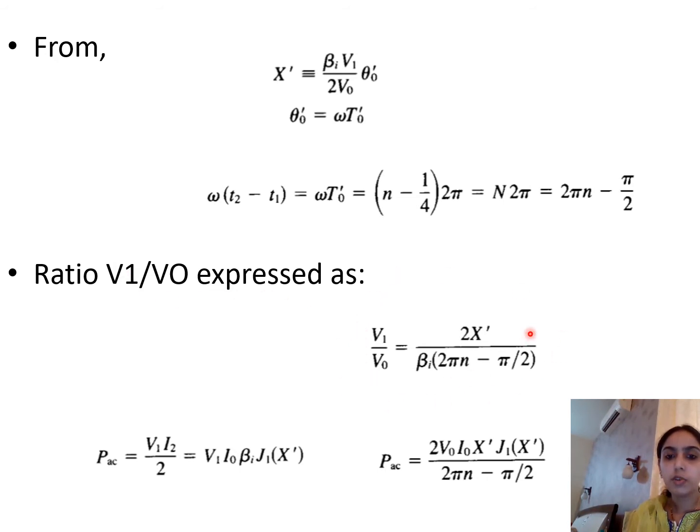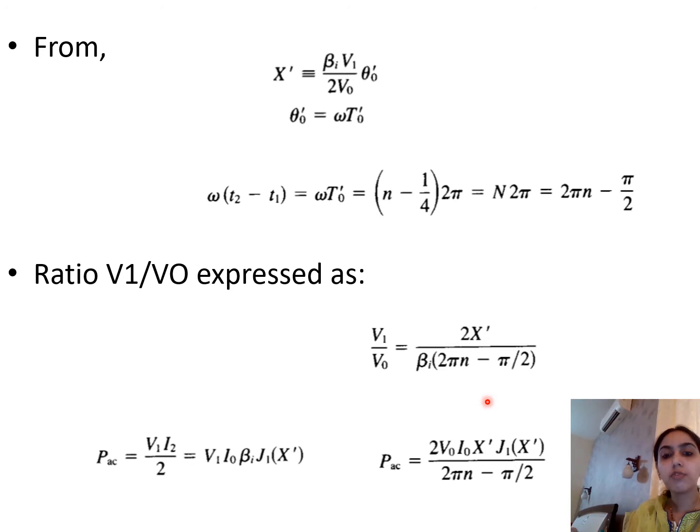What modification is made here is that from the bunching parameter x dash, I have written the expression for V1 by V0, and instead of theta 0 dash we have substituted 2 pi n minus pi by 2. So finally the expression for V1 by V0 is obtained as such.